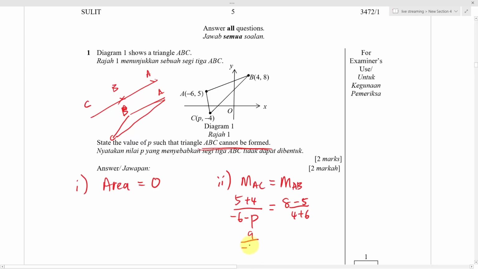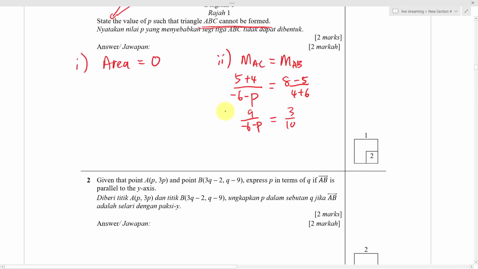So 9 over -6 minus P equals 3 over 10. Then I will cross multiply: 90 equals -18 minus 3P. Then 3P equals -108, so P equals -36.